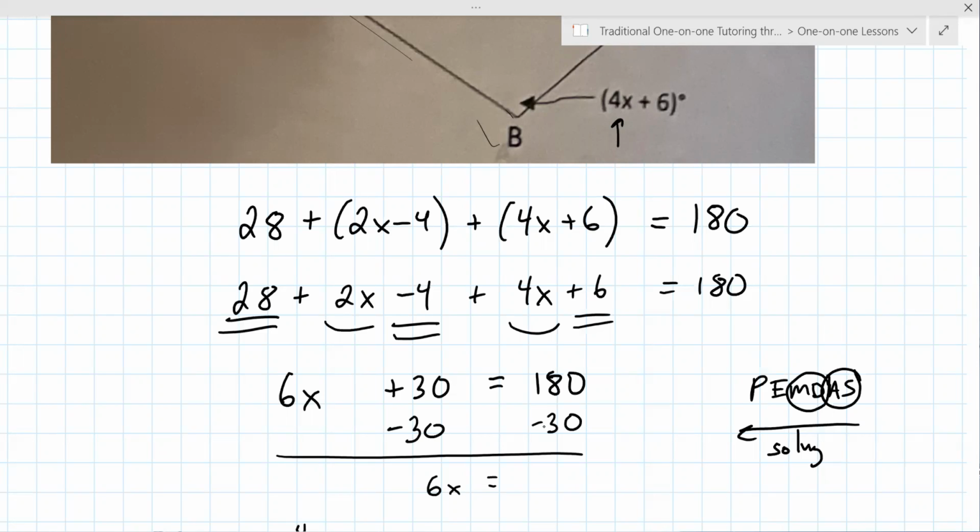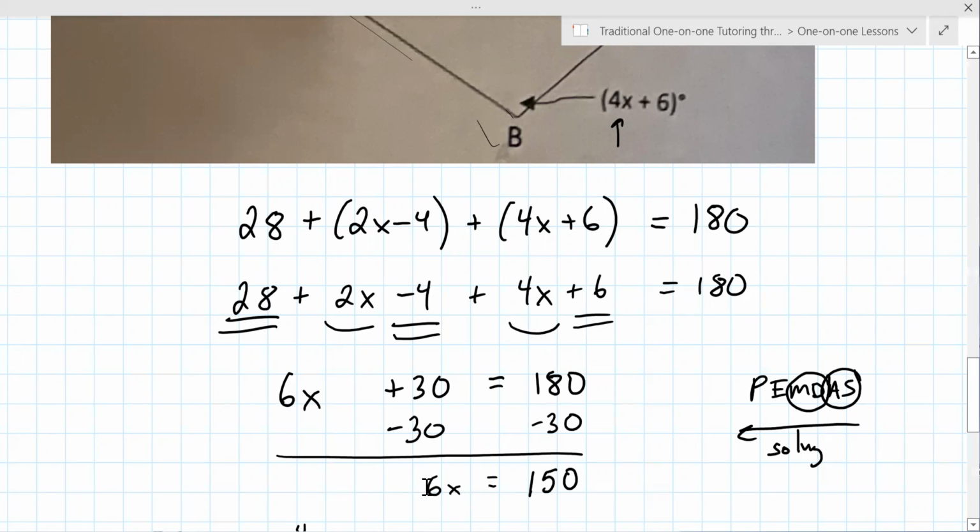It is not 50. Wait, did I subtract it wrong? Oh, it's 150. I thought for a second that it's just going to be 50 because you have to take out the 1, but it's not. Sorry about that.